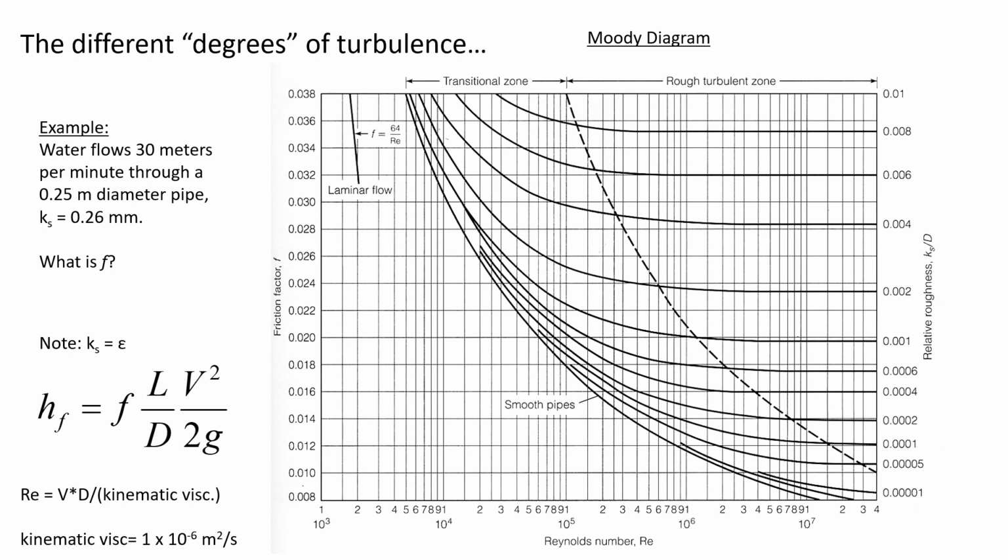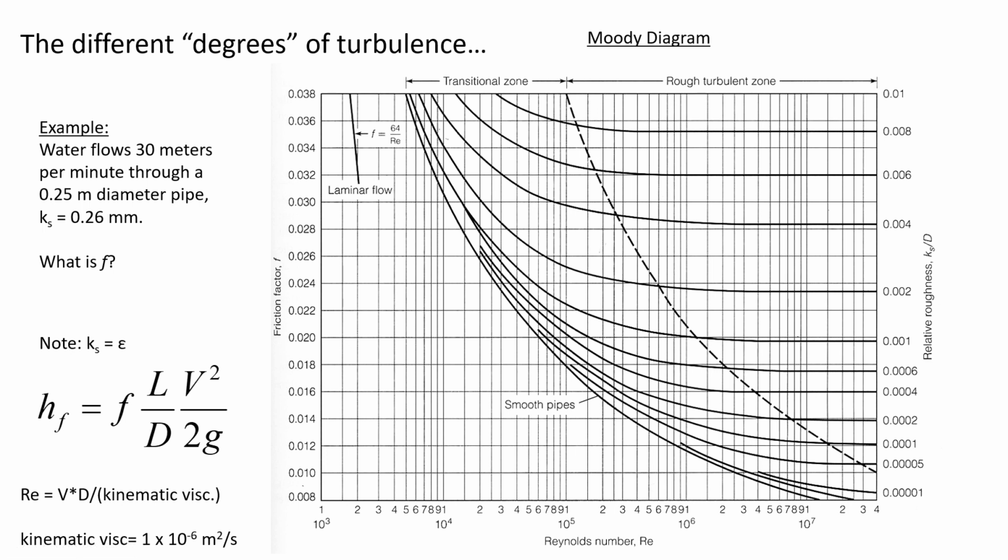So let me erase this stuff off of the board and kind of set the stage for what we've got. We've got a velocity of 30 meters per minute, which is how fast water is traveling through the pipe. Well, to use the Moody diagram and calculate the Reynolds number, we need meters per second.